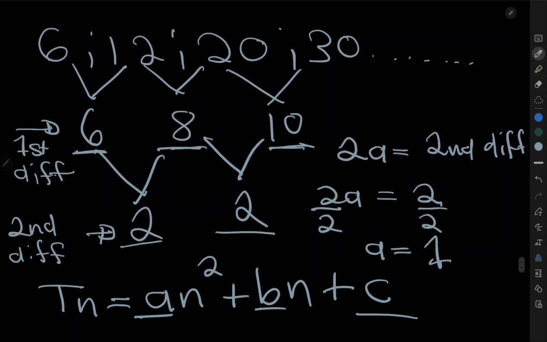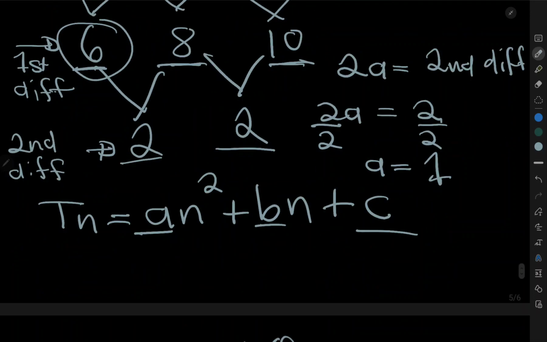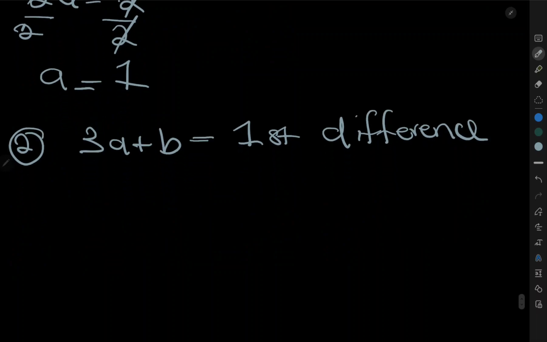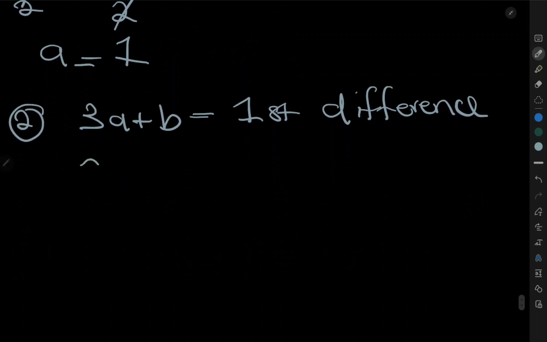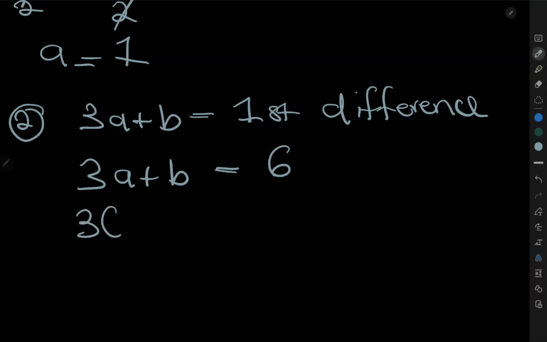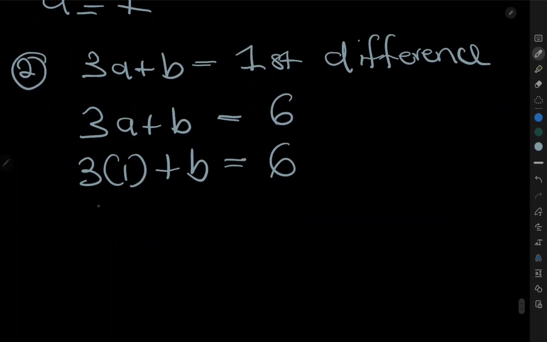So which value do we use? We always use the first difference of the first two terms. In this case, that was 6, so we say 3a plus b is equal to 6. We've already determined the value of a, so we're just going to substitute that, and in this case we have b as the unknown.